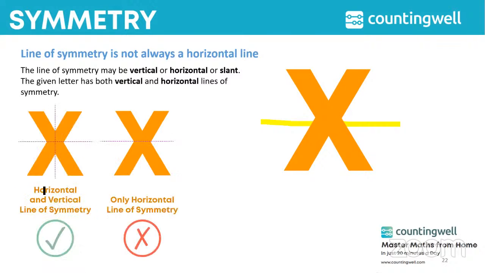So there is a horizontal line of symmetry. Now if we take the line like this, you can see the two parts are equal, so it has a vertical line of symmetry as well. So the letter X has both horizontal and vertical lines of symmetry, and not only a horizontal line of symmetry.